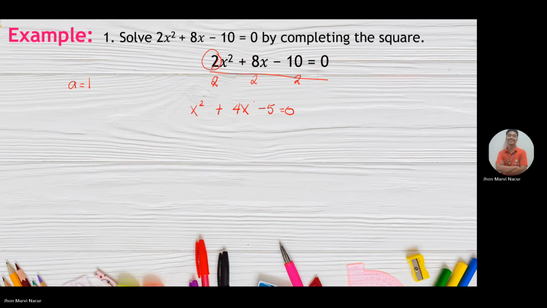Now, for our step number 1, we need to write it in the form of ax squared plus bx is equal to c. So our constant must be on the right-hand side of our equation. So our equation will become x squared plus 4x is equal to 5.